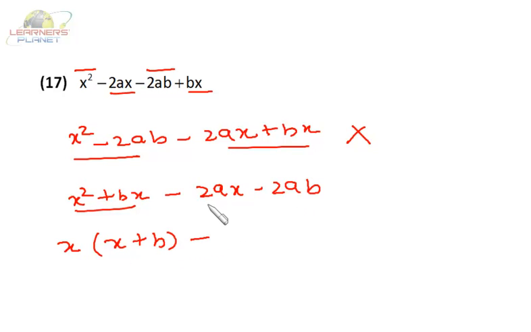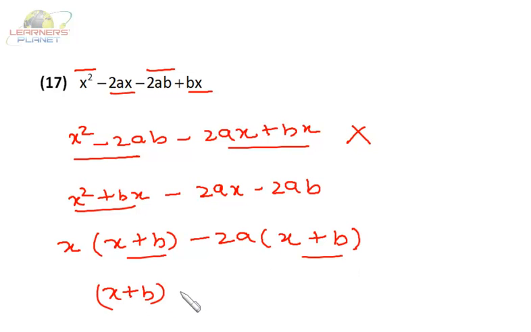From these two I can take minus 2a as common, and I'm left with minus 2ax divided by minus 2a, I'll be left with x, and minus 2ab divided by minus 2a, it will be b. So now I see x plus b is common.